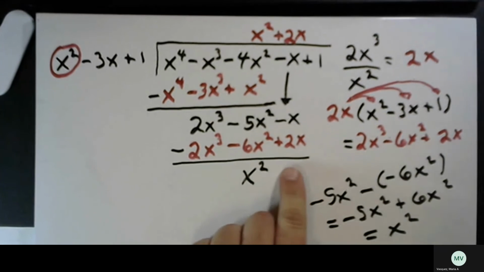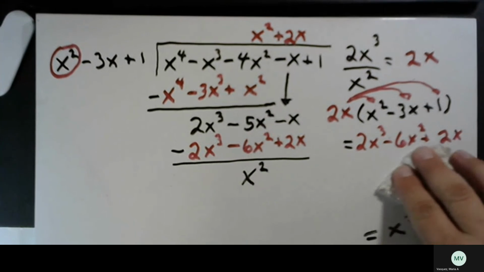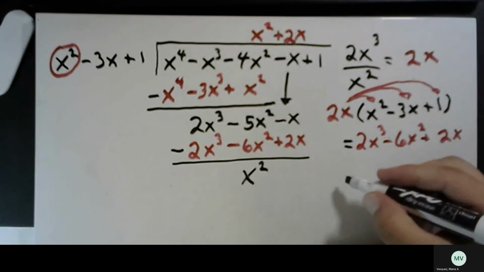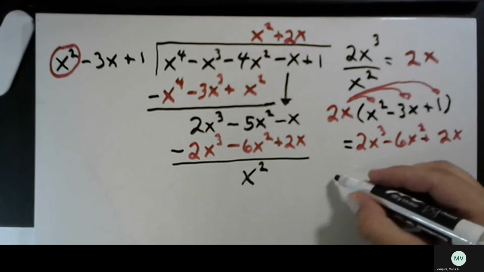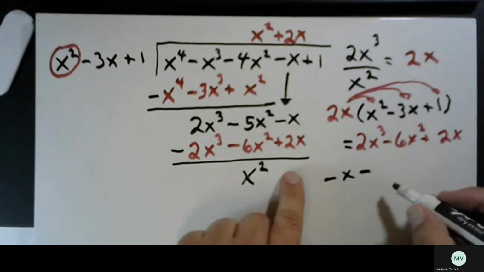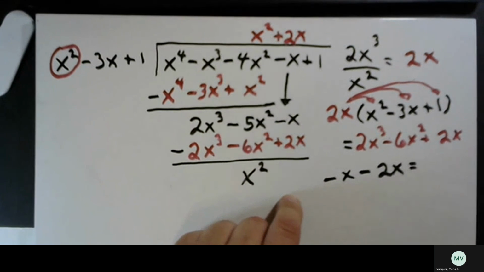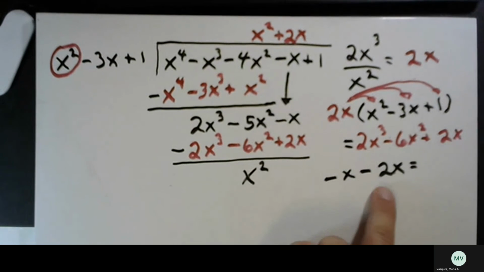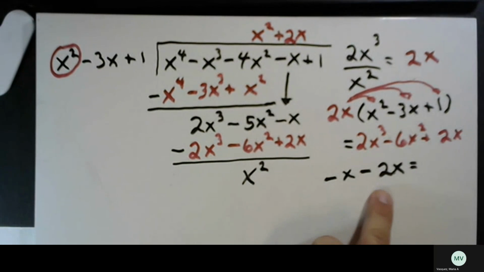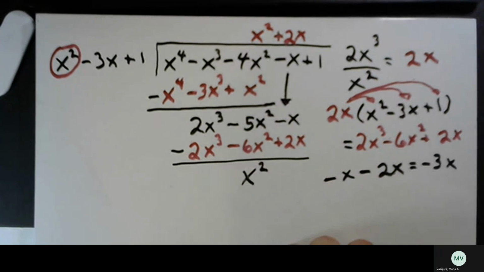And so now we got to do the subtraction for the x's. So we have negative x minus 2x, positive 2x. So it's like negative 1 subtract 2, or if it's negative 1 degrees, it gets 2 degrees colder, you get negative 3x.